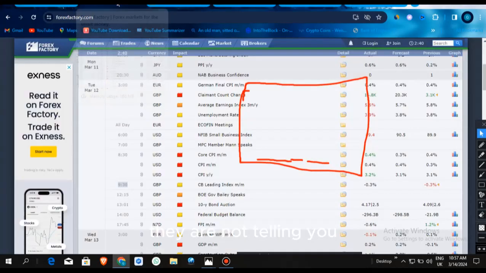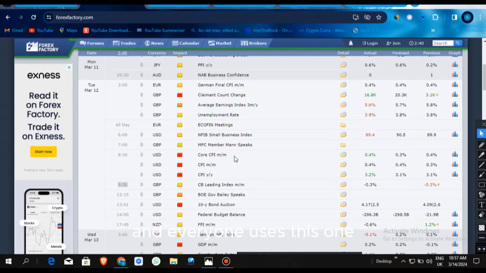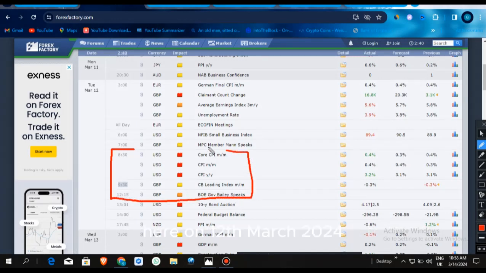They're not telling you. So let's go here on the economic calendar. The first economic calendar I use, and everyone uses this one, and they only look at this one. That's the issue. So my focus is going to be between 8:30 to 12:30 here on 12th March.